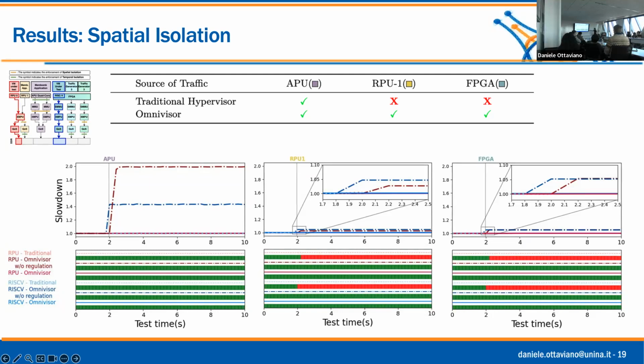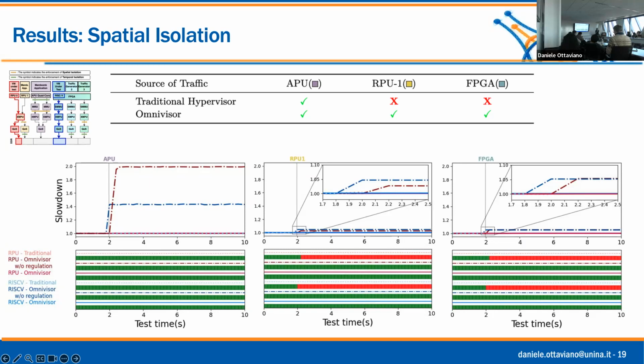As we can see in this part of the graph, there are some temporal interferences, this red point and line that we see in the center. The temporal interference is not large in this case because the RPU is not a fast processor, but there is temporal interference. If we also apply QoS regulation, we are able to have a straight line, basically no interference to the application running on RPU 0.